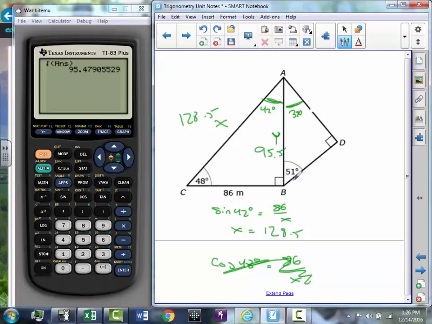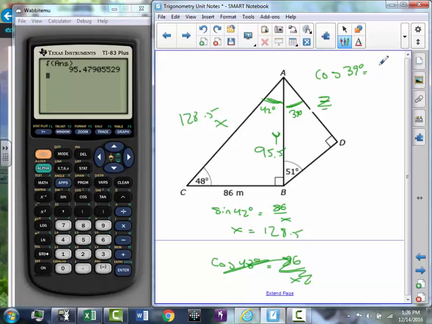Then for the second triangle, the 95.5 is the hypotenuse. It means that I have to use sine or cosine. I can't use tan because I don't have a hypotenuse in tan. So why don't I use cosine? Cosine of 39 degrees would be the adjacent. What's the adjacent here? That would be here. This will be the adjacent.